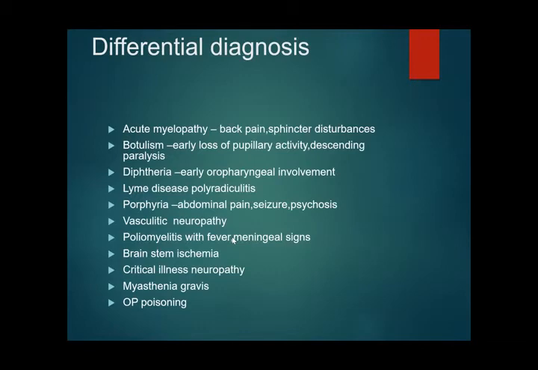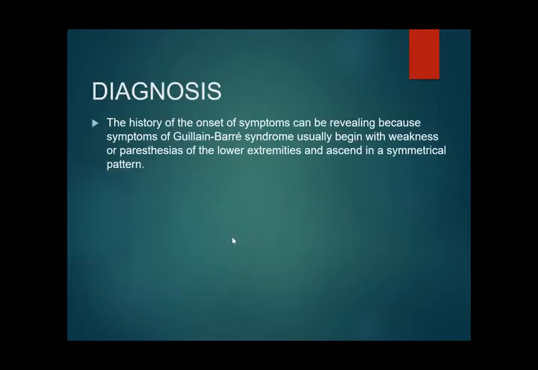So for the diagnosis, the history and the onset of symptoms can be revealing, because symptoms of GBS usually begin with weakness and paresthesia of the lower extremities, and they ascend in a symmetrical pattern. For the lab features, we do CSF analysis, which shows raised proteins, from 100 to 1000 mg%, and usually no pleocytosis; the WBC count is normal, that is 0 to 5.